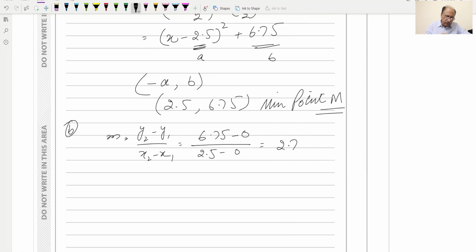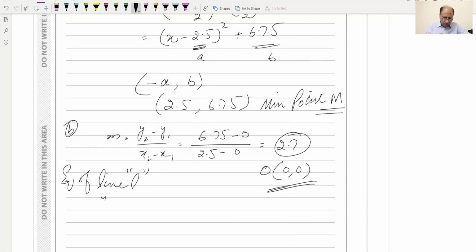Now we will be using the m value, and the origin with coordinates 0, 0, so we'll use this point and write the equation of line L. What will the equation of line L be? y minus y1 is equal to m into x minus x1.